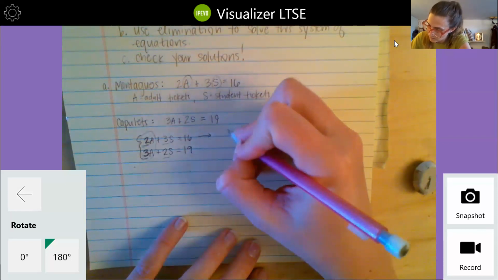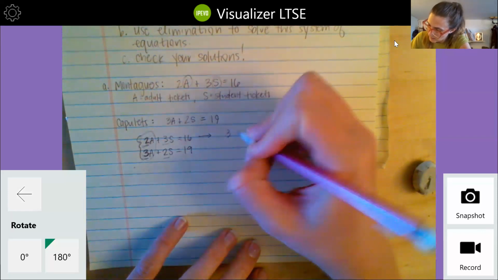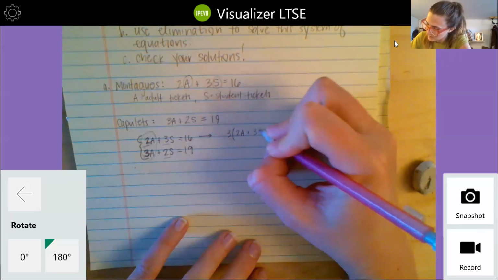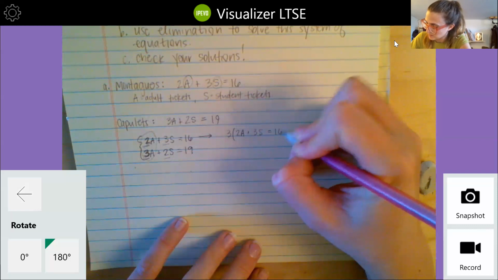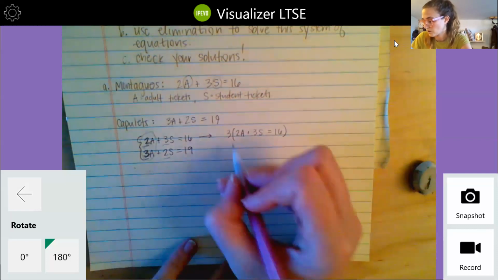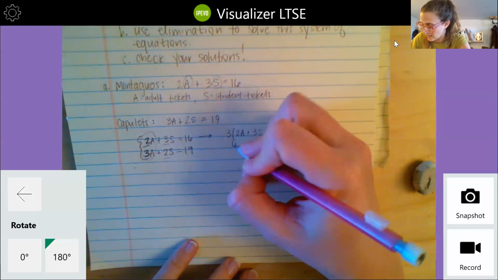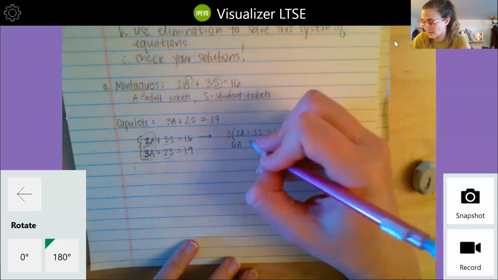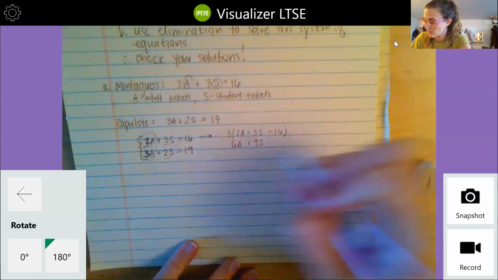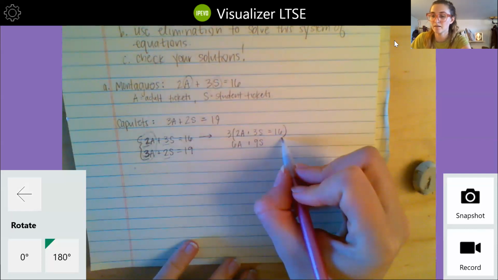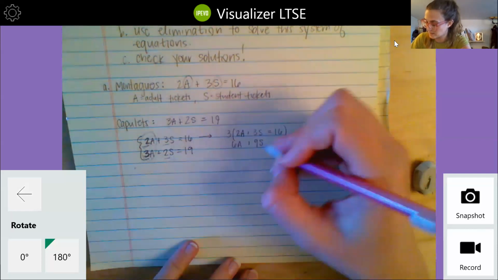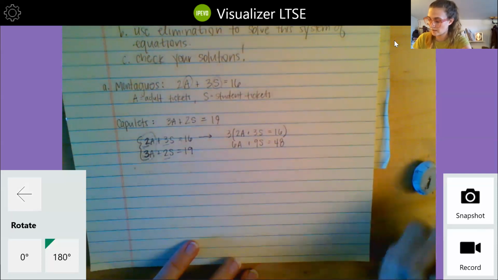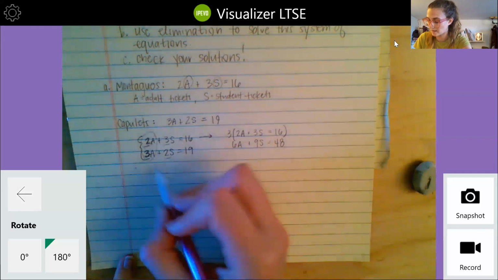So 3 times 2a plus 3s equals 16. 3 times 2a is 6a. 3 times 3s is 9s. 3 times 16 is 48. And I'm going to multiply this one by negative 2.